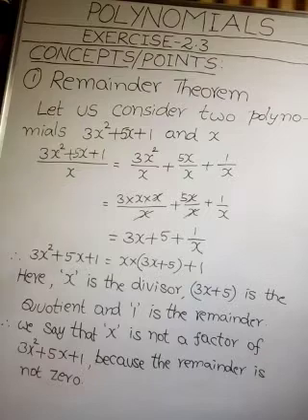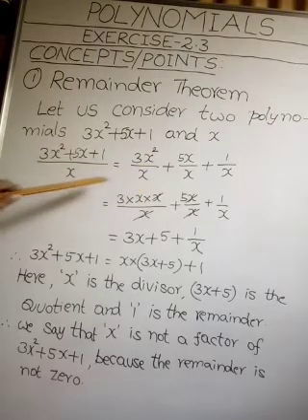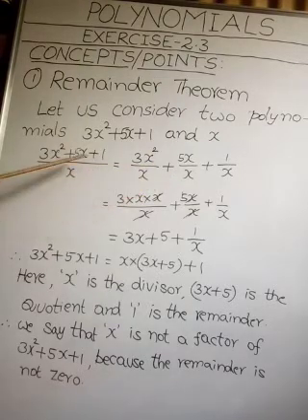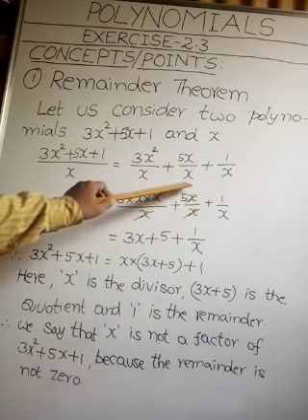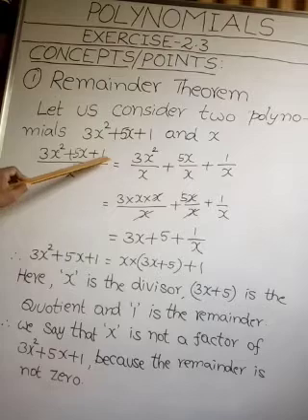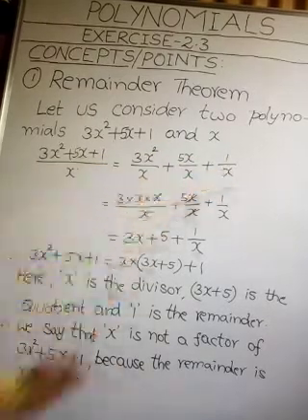What we did in the previous example, we have to divide each and every term of the dividend by this monomial. So what is the first term here? 3x square. So 3x square by this monomial plus what is the second term? 5x. So 5x by this monomial plus what is the third term? 1 by x. Understood this step, my dear children?